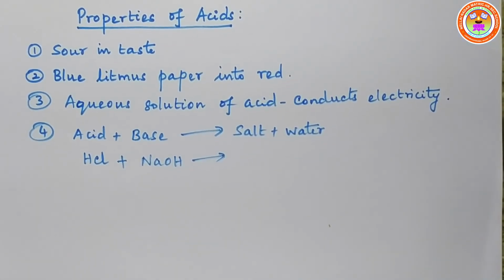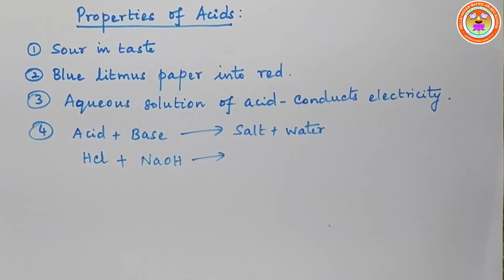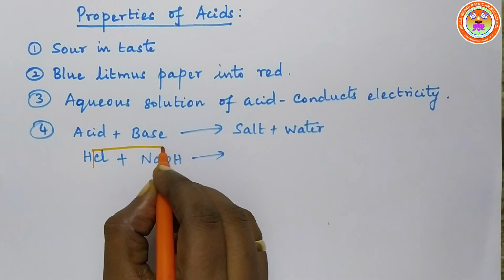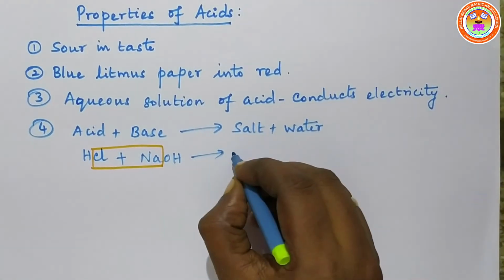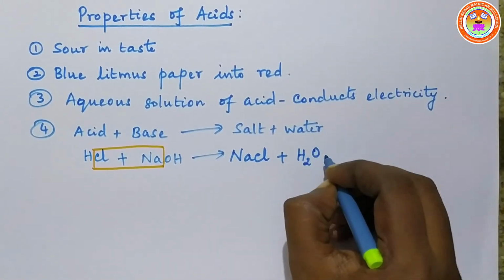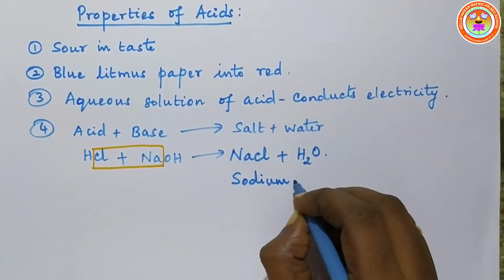What is the salt formed here, children? Can you name the salt? Yes, it is sodium chloride. So the salt formed is sodium chloride plus water.